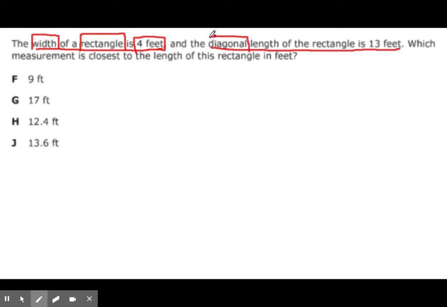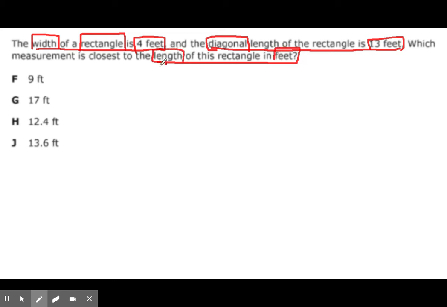Which measurement is closest to the length of this rectangle in feet? So we want to know the length of this rectangle in feet.